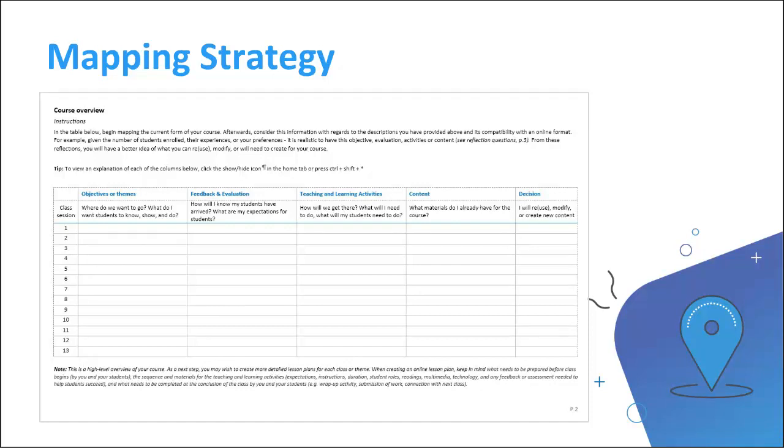So if you take a look at those reflection questions and then look back at the content that you've taken inventory of, this will help you make a decision, hopefully, about what might be well suited for an online environment and what might need some little tweaks or fine tuning and what needs to be fully redeveloped, or at least where you might have gaps that need to be responded to.